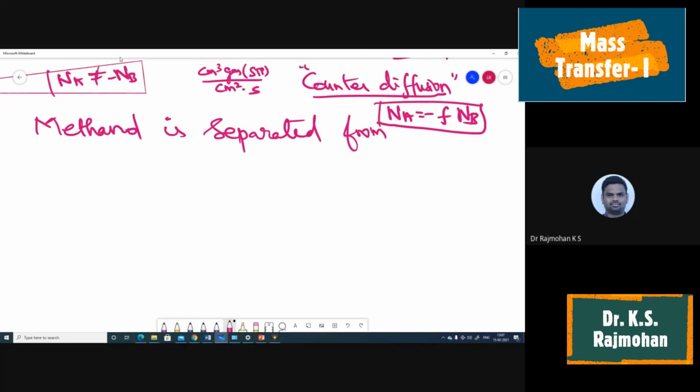Okay, so methanol is separated from an aqueous solution by distillation.